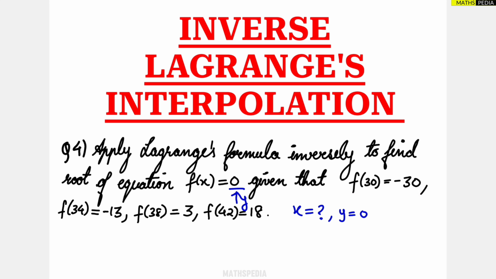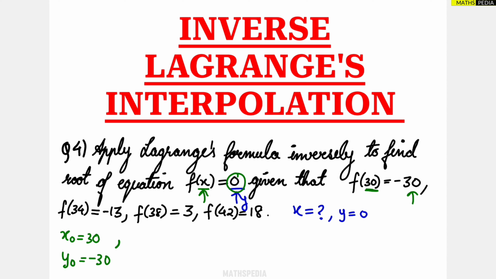Now here the given data is given over here. Always remember, the right side always represents y values, and inside the bracket are x values. Here also the same thing: x we don't know, y is given. So f of 30 means x naught is 30, and the corresponding y naught value is given as minus 30.